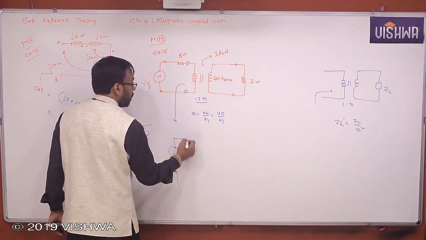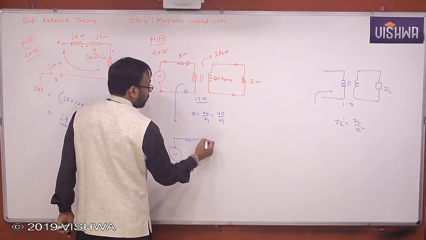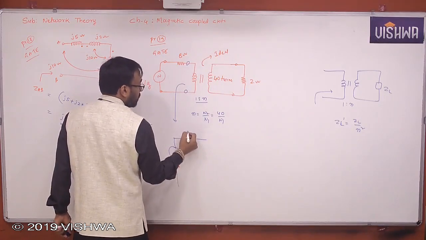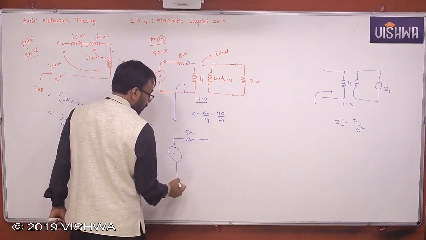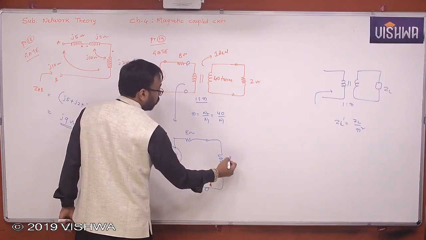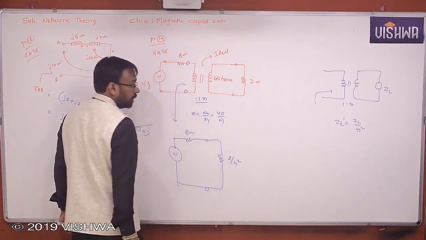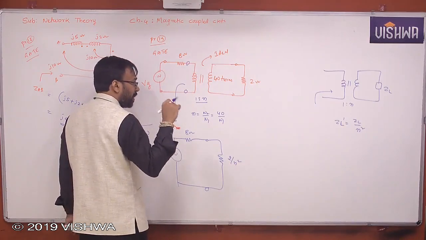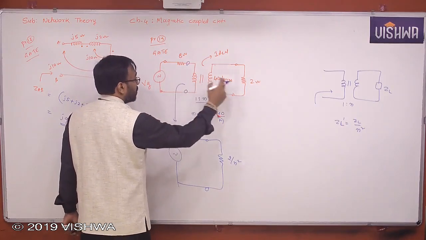Because it is an ideal transformer, it is clearly mentioned, and this is 8 ohm. Now it becomes what? Tell me. 2 by N square. Now the question is, number of primary turns required to transfer maximum power to the load.